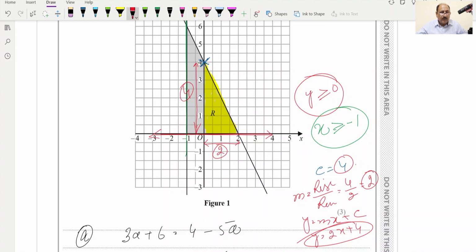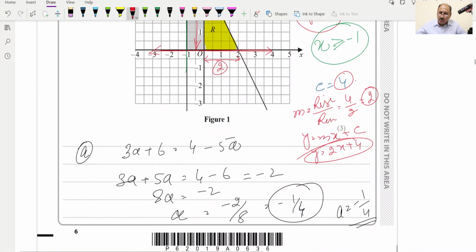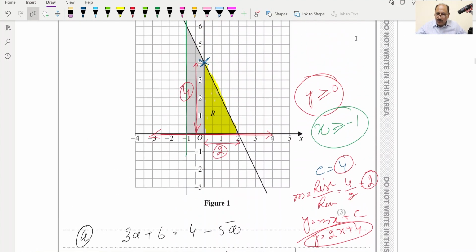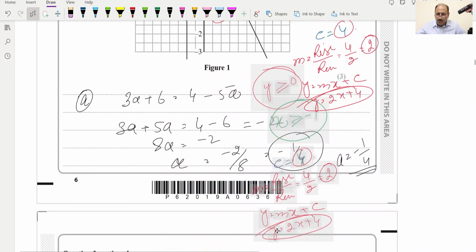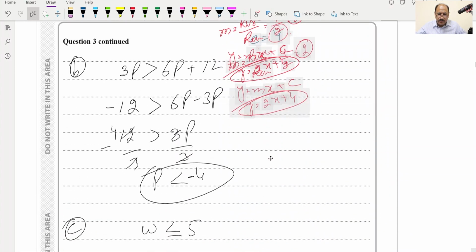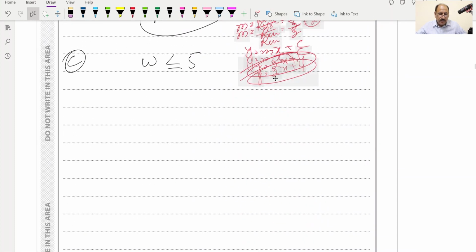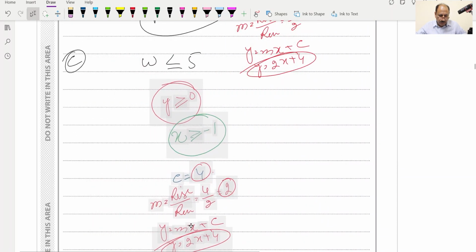We can write this as y is less than or equal to this. So I will move whatever I have explained here to the proper location, and this will be basically the D part.